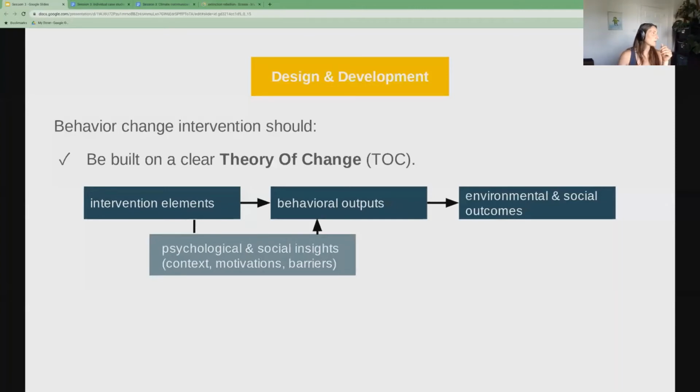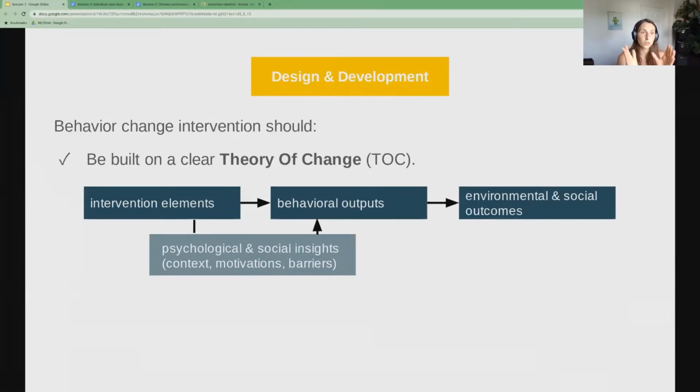So that is really where that first step, the contextual analysis, comes in. It should really inform which sort of intervention elements you're selecting. And why we call it intervention elements is because you might have a program, a campaign, an intervention that consists of more than one thing.